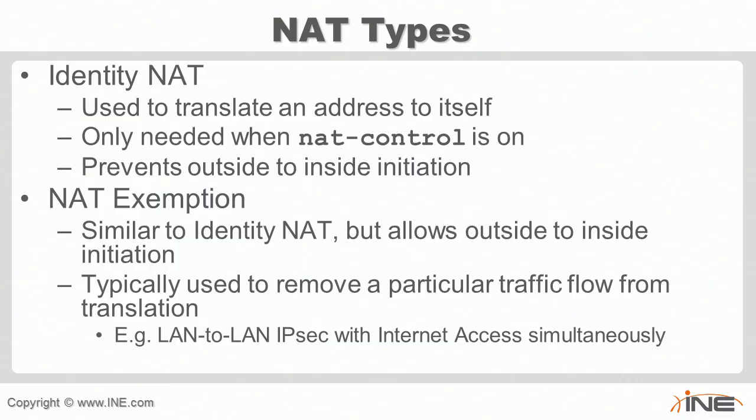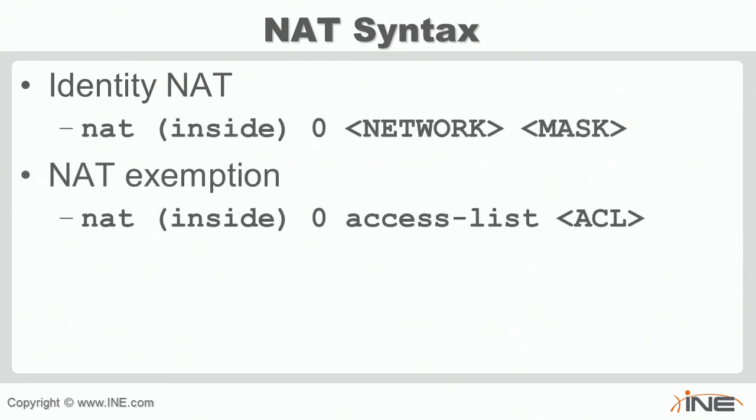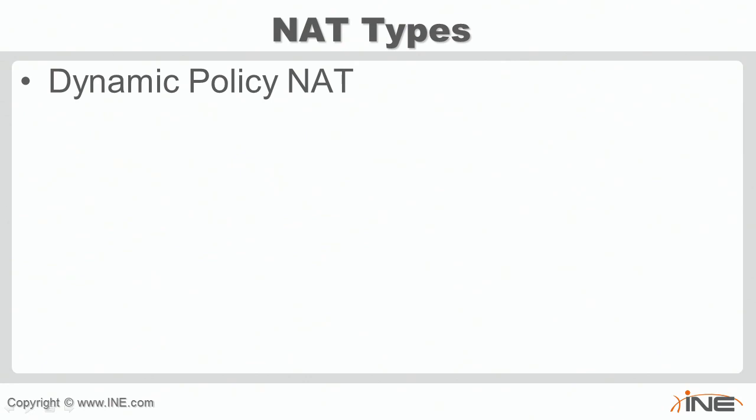Now, there's two other variations here. Actually, here are the examples of the identity NAT versus the NAT exemption, where the NAT exemption is using the access list, like I did in my case. The identity NAT would just be matching on what are the sources of the traffic. Now, the two additional ones are known as the dynamic policy NAT and the static policy NAT.